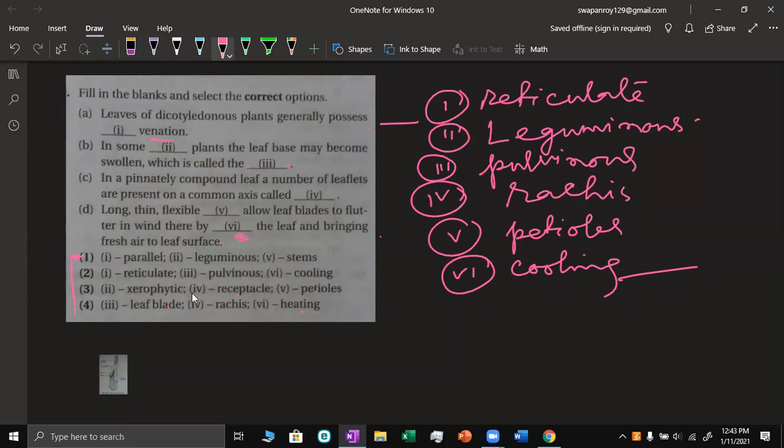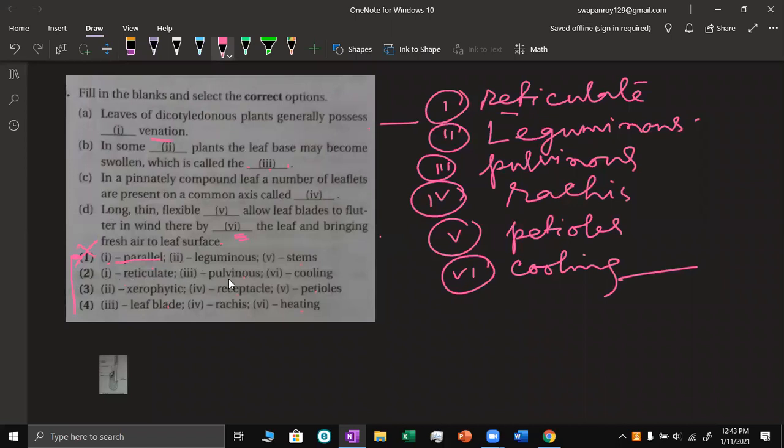So now we have to see which one is parallel. Here one is parallel and ours is reticulate. So number one is not correct. We will not see whether the second and fifth are correct or not. Number two, one is reticulate.